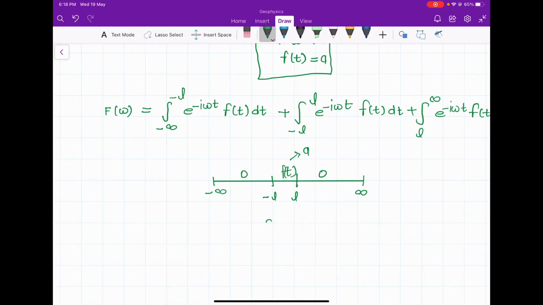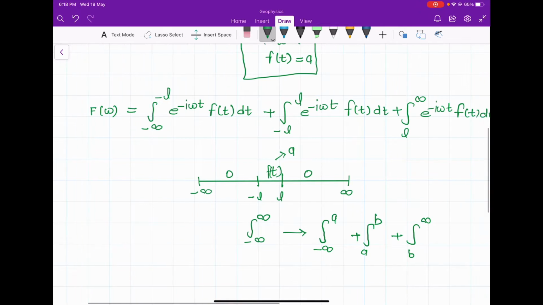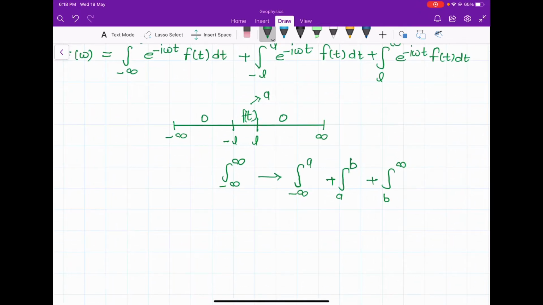So the integration limit here is minus infinity to infinity, but you can break it into minus infinity to a, plus a to b, plus b to infinity. So this is another property of definite integral.